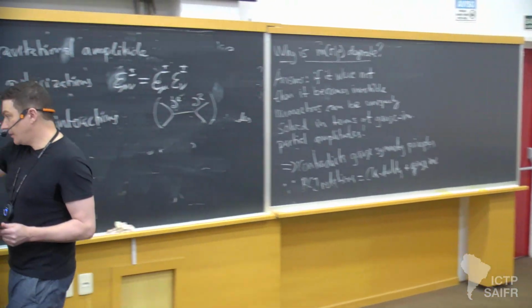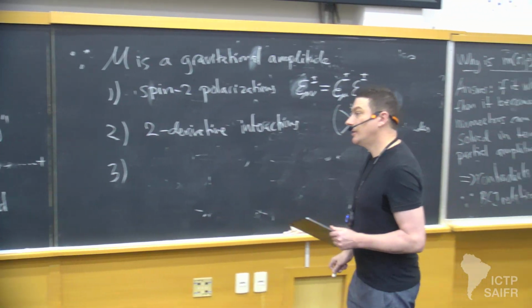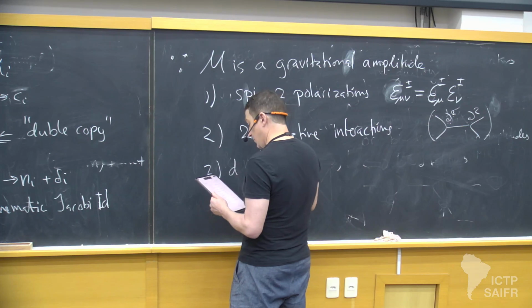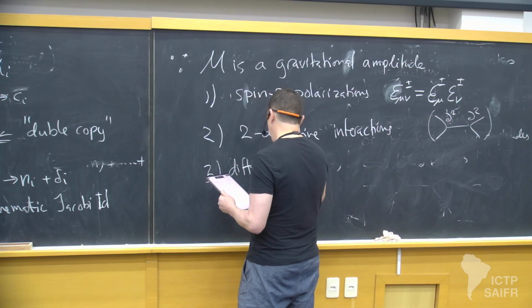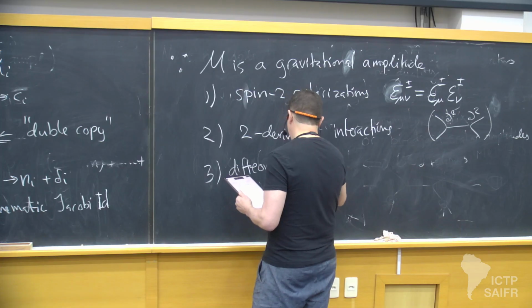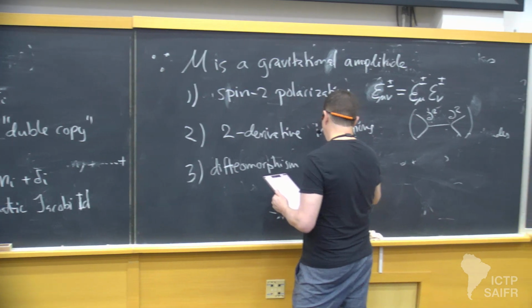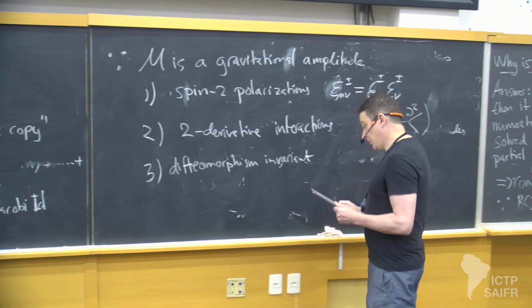And then lastly, what we showed over there is that it has a gauge symmetry, and that gauge symmetry is, of course, called diffeomorphism symmetry, or this is a diffeomorphism invariant amplitude.